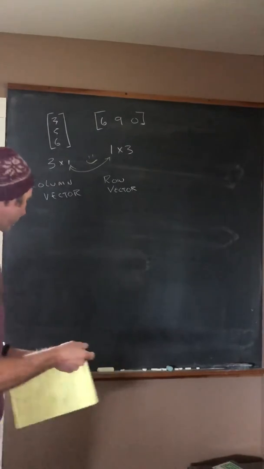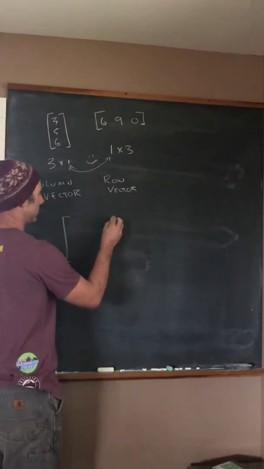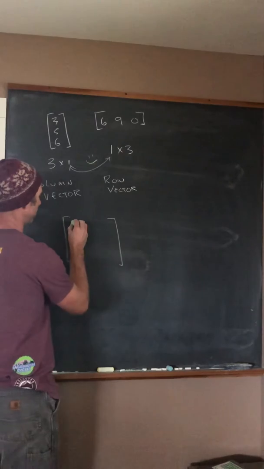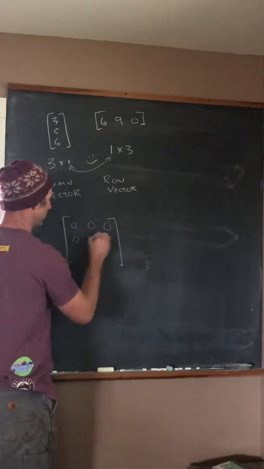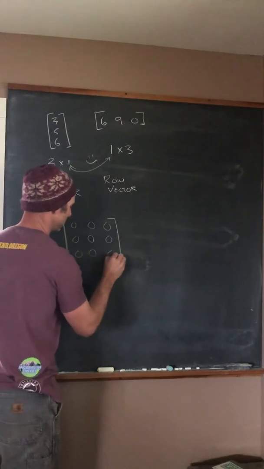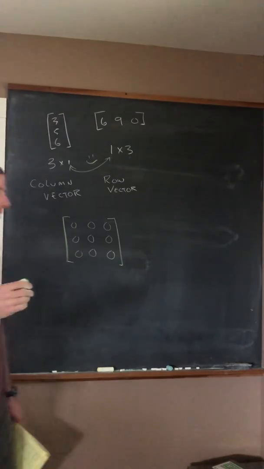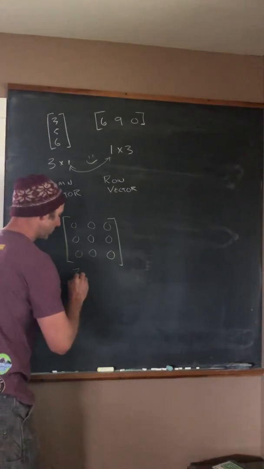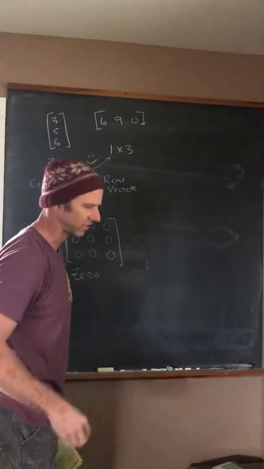Okay, a couple of little random ones. A matrix that looks like this: all zeros. This is called the 0 matrix. I'm sorry, the 0 matrix. I got the vector word stuck in my head.